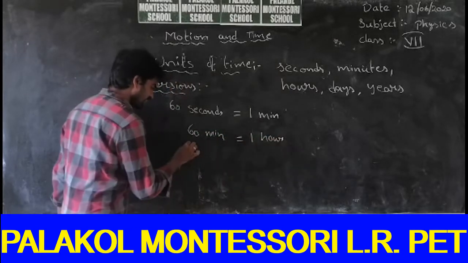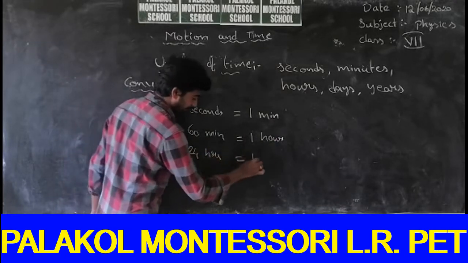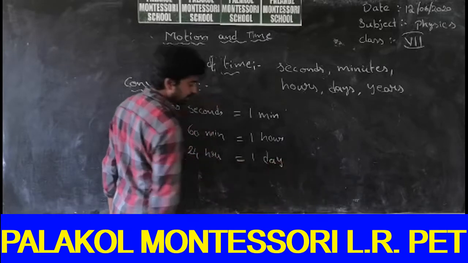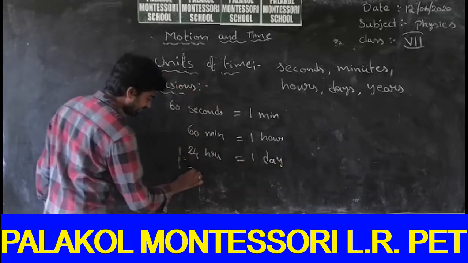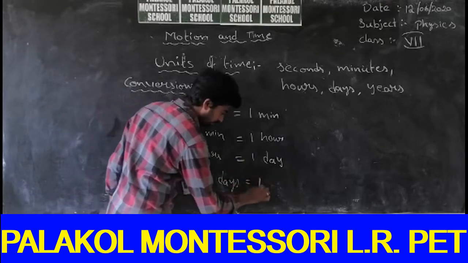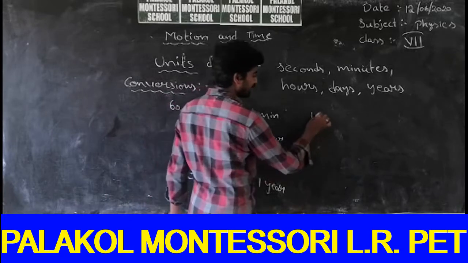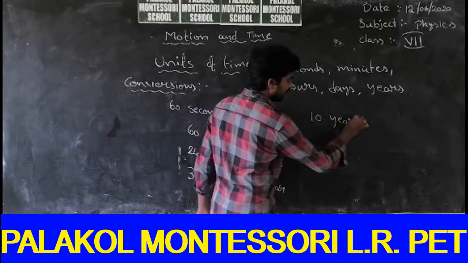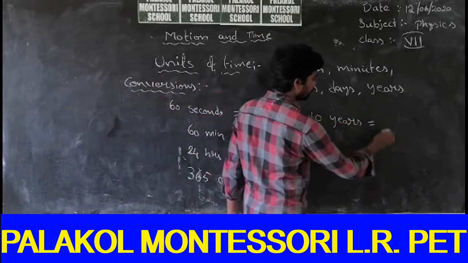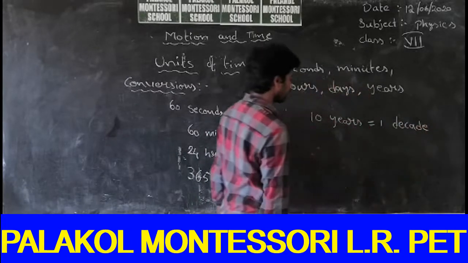We know that 24 hours is equal to 1 day. 365 days is equal to 1 year. And 10 years can be called a decade. 10 years is equal to 1 decade.